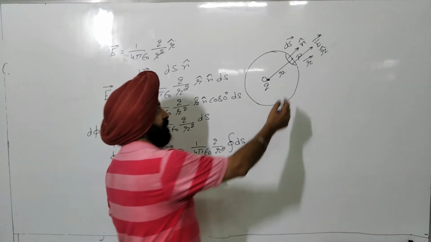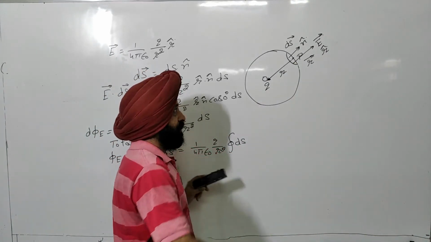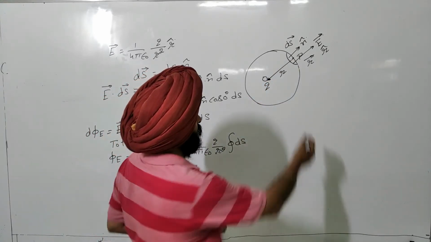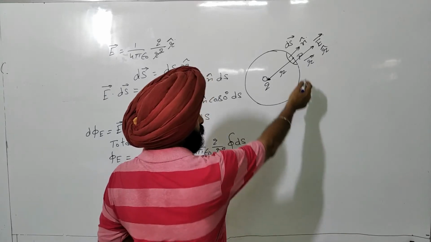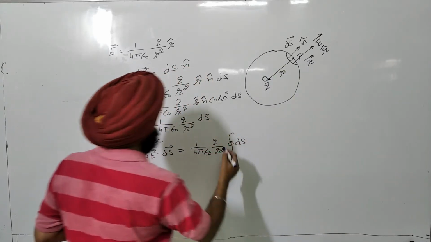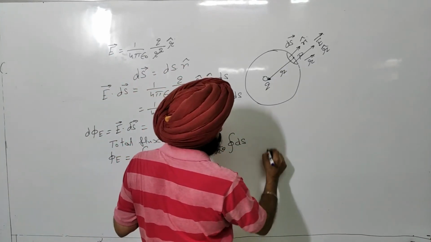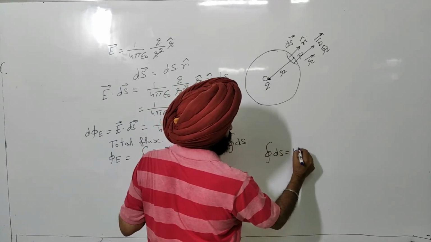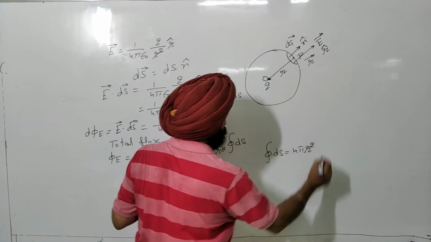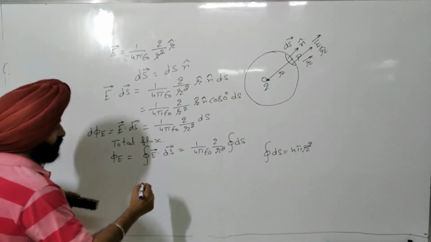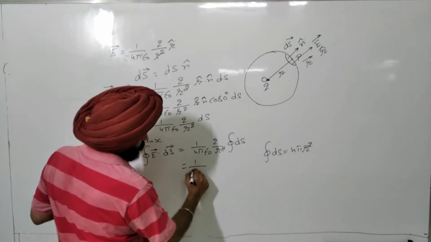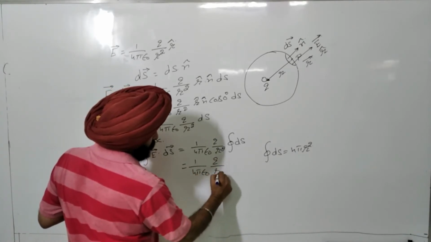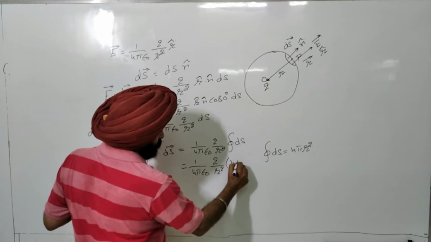The total surface of the sphere is the integral of dS, equal to 4 pi r square.